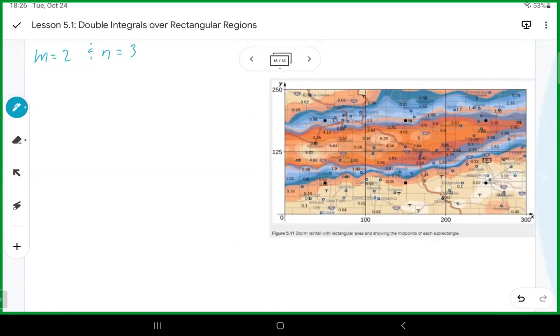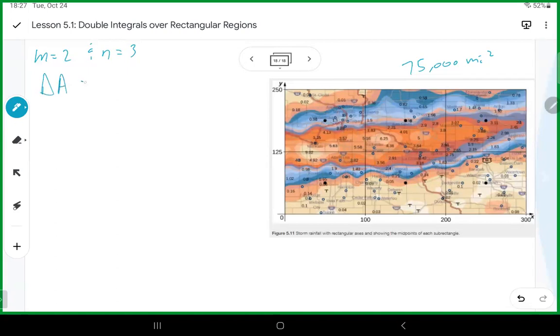Let R represent the entire area, 250 by 300. So that's going to be 75,000 miles squared.